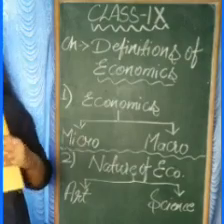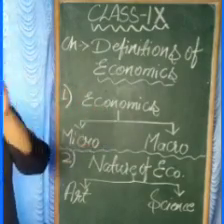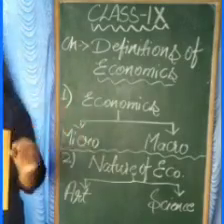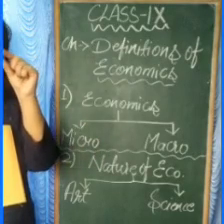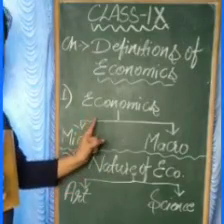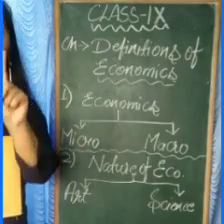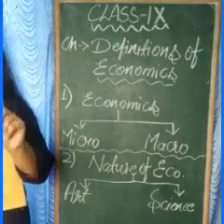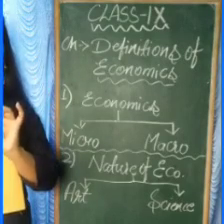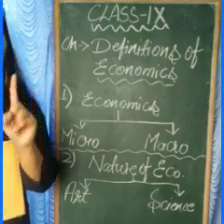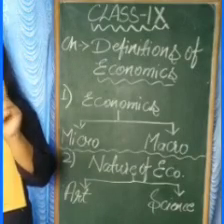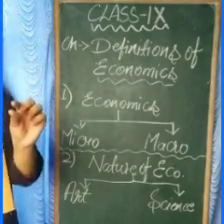Now let us come to the topic, types of economics. We have two types of economics. First is micro. The term micro itself means small. It is the study of economics in a small number, one single unit. If I am writing down the marks of one student, it means micro, because only one individual is involved.